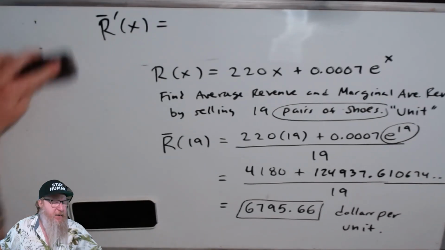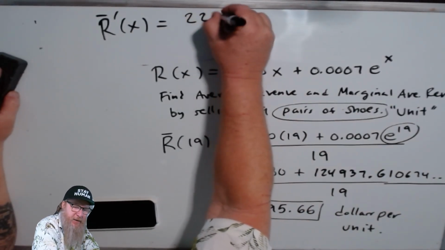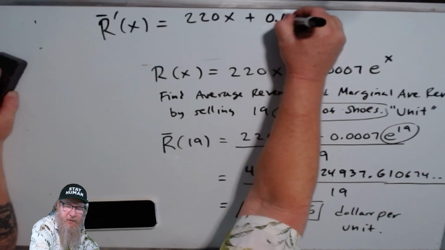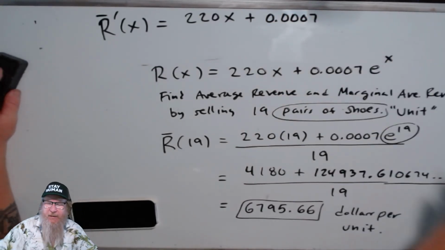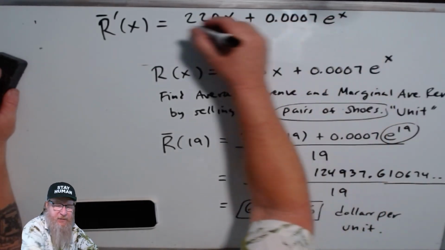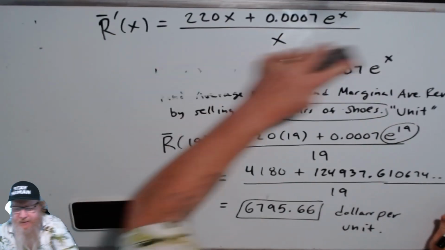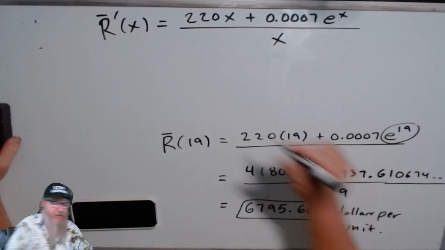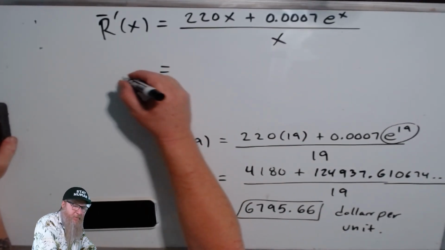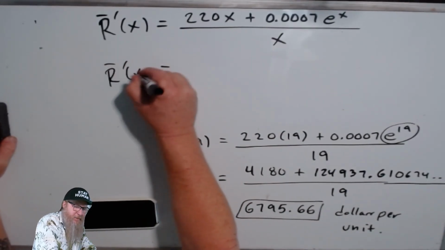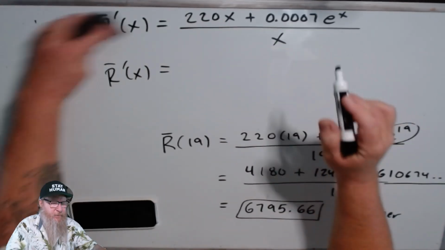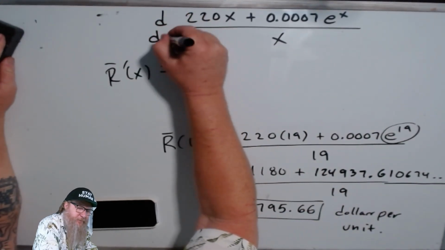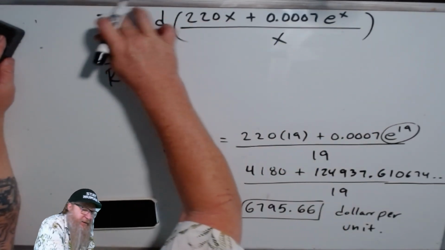Or R bar prime. I still like to call it a hat. 220x plus 0.0007 e to the x over x. First, we have to take the derivative. So we'll take the derivative. Oh, shoot. Take the derivative of this.